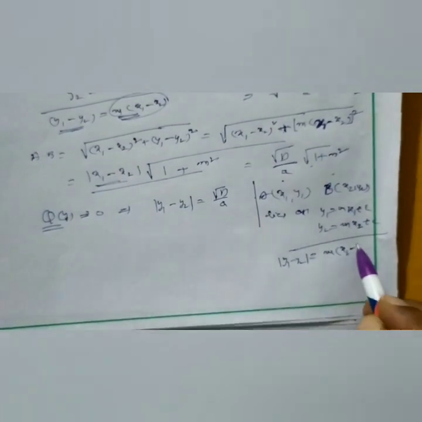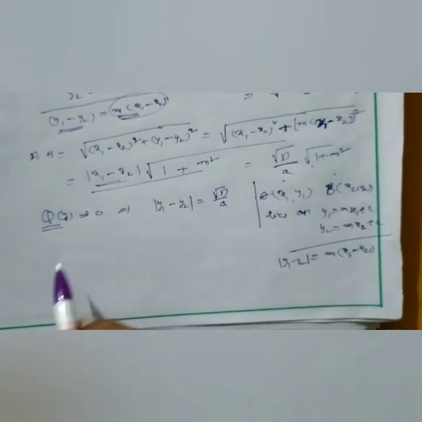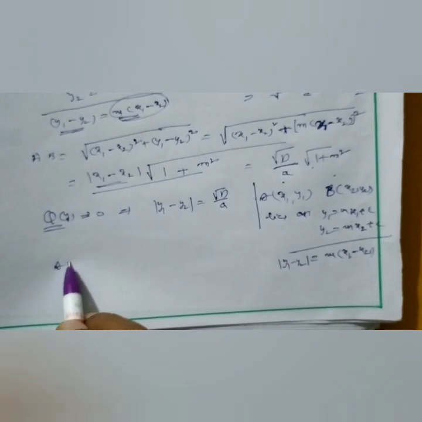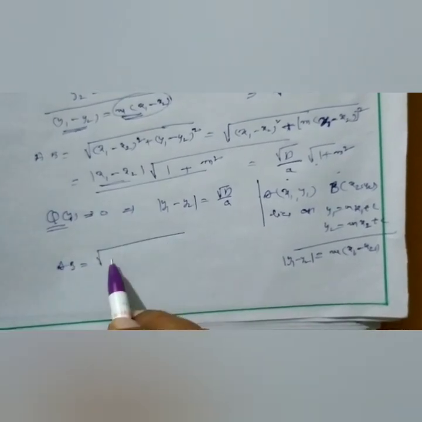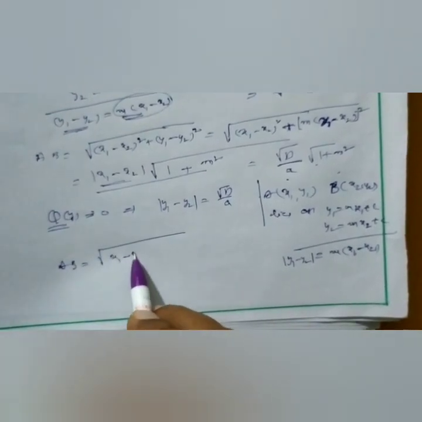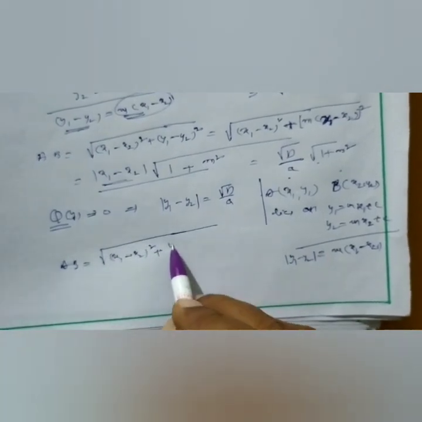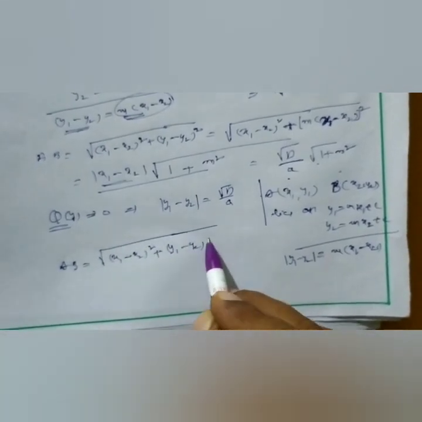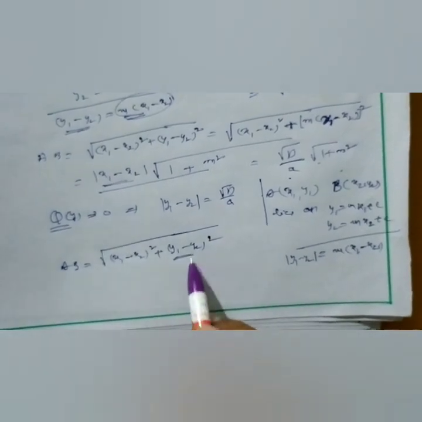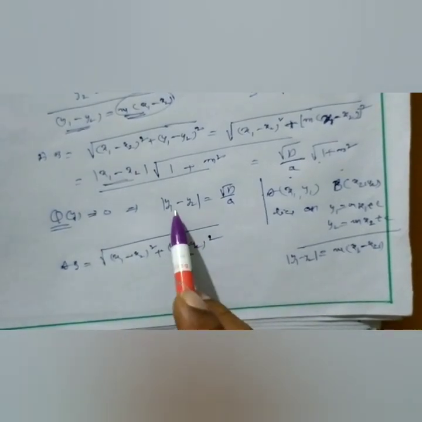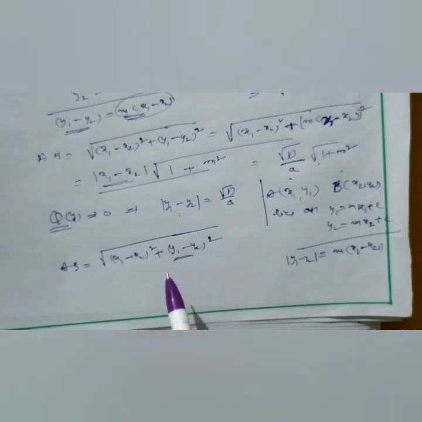So by finding the difference, y1 minus y2 is equal to m of x1 minus x2. So instead of that, we write AB is equal to square root of x1 minus x2 whole square plus y1 minus y2 whole square usually. But we need it in terms of y1 minus y2, because the quadratic equation is in terms of y.